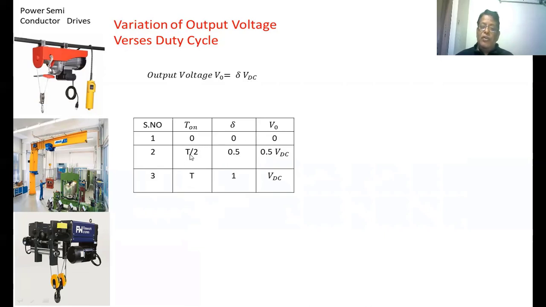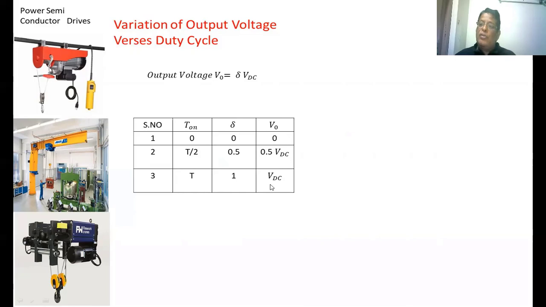When T on equals T by 2, half of the time period, the delta value becomes 0.5, and substituting this value, the output voltage is 0.5 VDC. When T on equals T, the delta value becomes 1, so the output voltage equals VDC. From this, we can say that the output voltage varies from 0 to VDC.